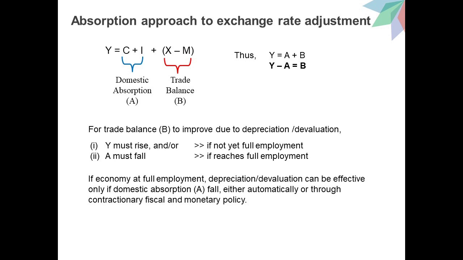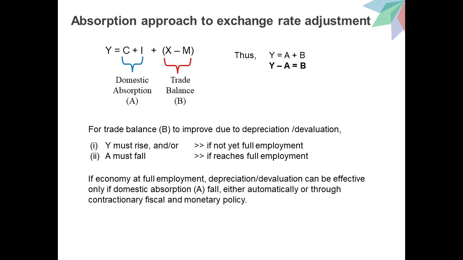Assume A equals C plus I, which is the domestic absorption, and B equals net export, or export minus import, which is the trade balance. Rearrange the equation: Y minus A equals B, or output minus domestic absorption equals trade balance. For trade balance, B, to improve due to depreciation/devaluation: 1.